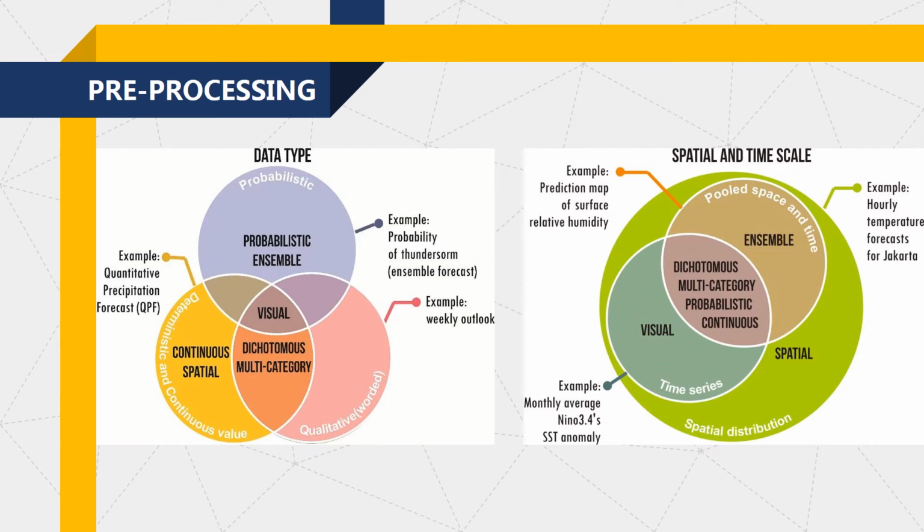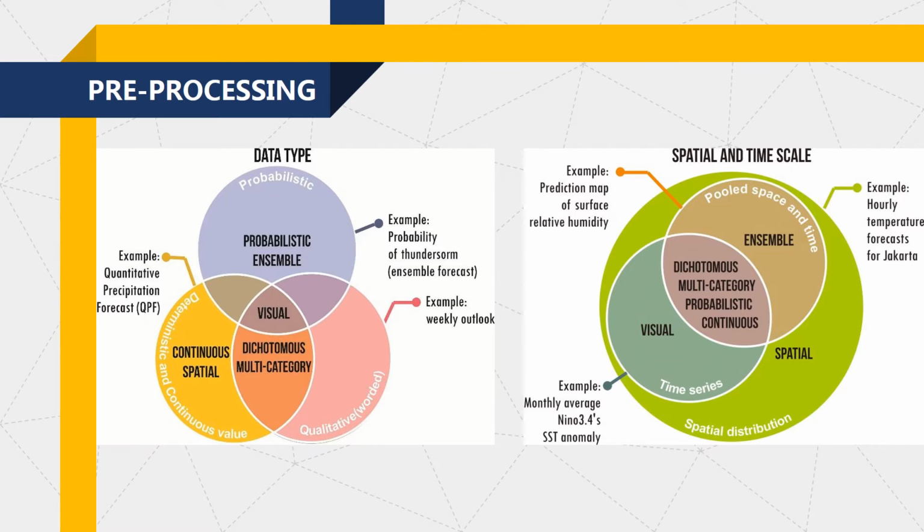For spatial distribution, we can use all of these methods, including spatial, visual, dichotomous, multi-category, probabilistic, continuous, ensemble method. And for time series data, we can use visual, dichotomous, multi-category, probabilistic, and continuous method.